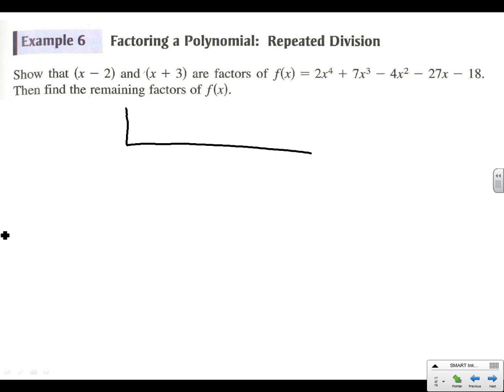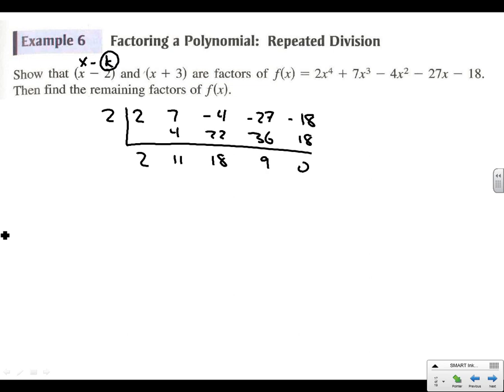Synthetic division: 2 on the outside, because remember it's x minus k, then 7, negative 4, negative 27, negative 18. So 2 comes down, 4, 11, 22, 18. I'm going to go quickly. 36 minus 27 is 9, 18. Hey, look at that. There's no remainder. So x minus 2 does go into that original polynomial.